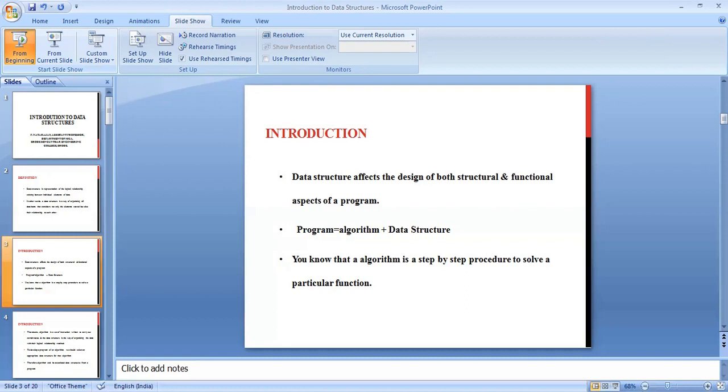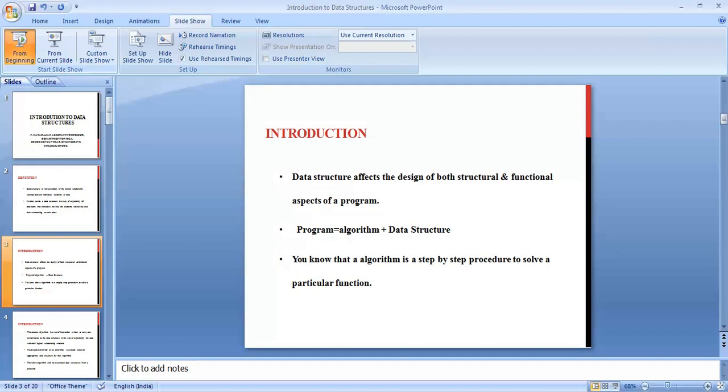For example, if you want to store student information, you want to store the student roll number, name, date of birth, and which branch he or she is studying. In this way, there is a relationship existing between each and every individual element of data.